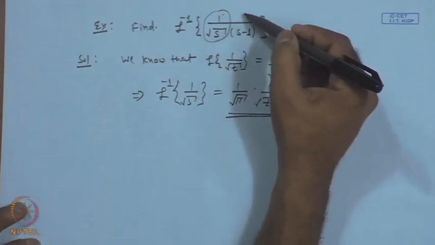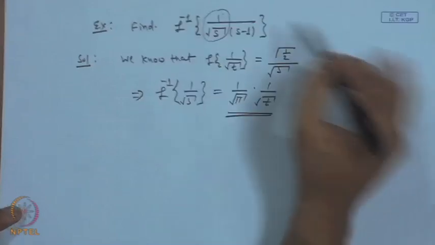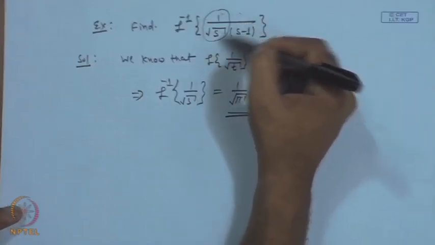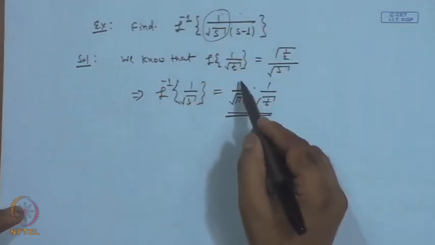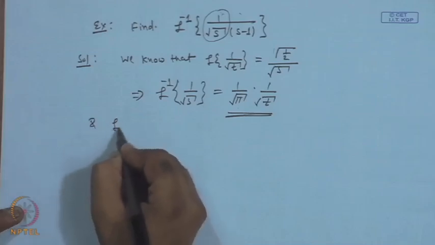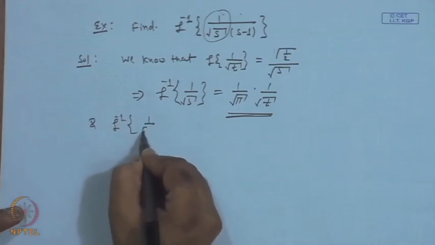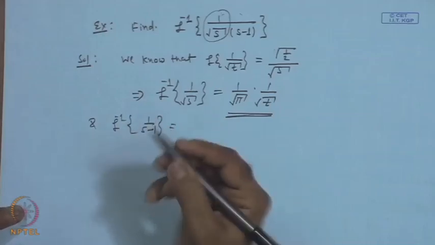Now, the other one is 1 over s minus 1. So, it is a product of two functions, 1 over square root s and 1 over s minus 1, and both are familiar to us now, because the Laplace inverse of 1 over square root s is 1 over square root pi and 1 over square root t, and the other one is simple. We have 1 over s minus 1, and this is the Laplace transform of e power t.